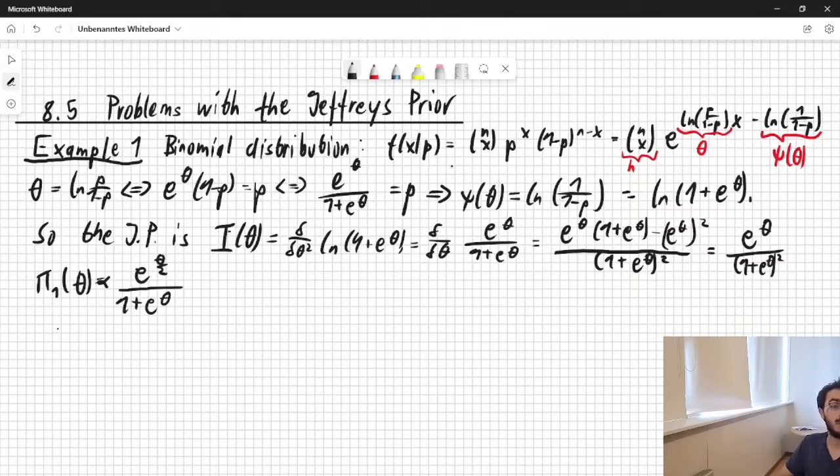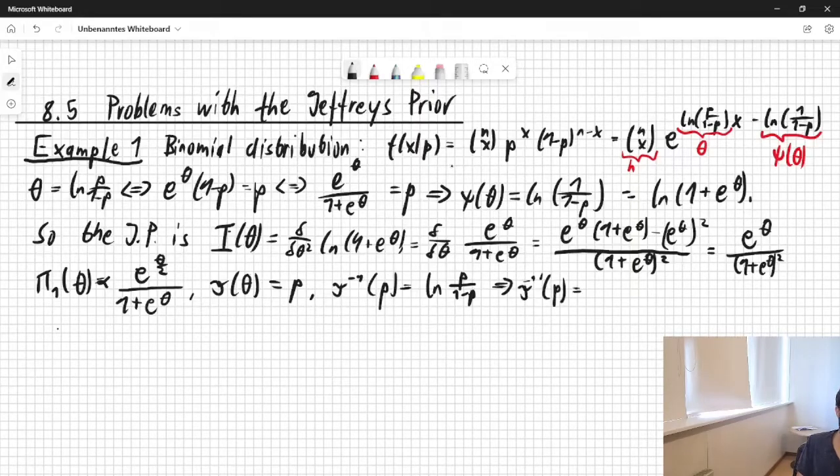So now we can reparametrize this theta, since we have the reparametrization tau of theta equal to p. We know the inverse of tau, we've already calculated it. The inverse of tau of p is equal to the ln of p over 1 minus p. And this implies that the derivative is, first you have 1 over p over 1 minus p.